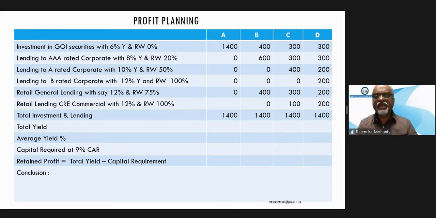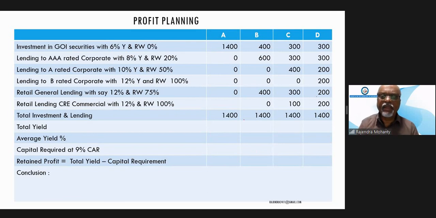Now we'll see how much the earning is for this deployment and what capital the bank has to provide. The difference between earning and capital gives the retained profit. Which will be the best option for the bank to have more retained profit?